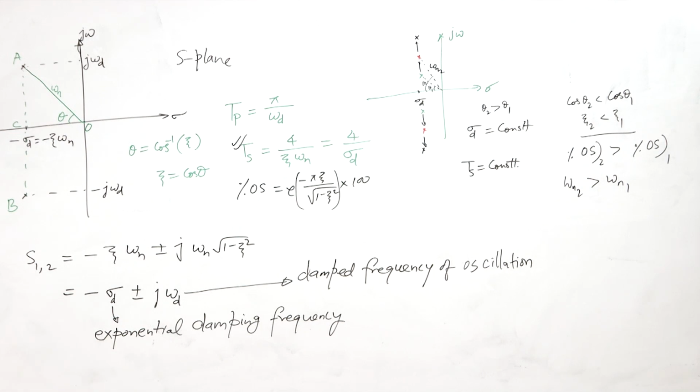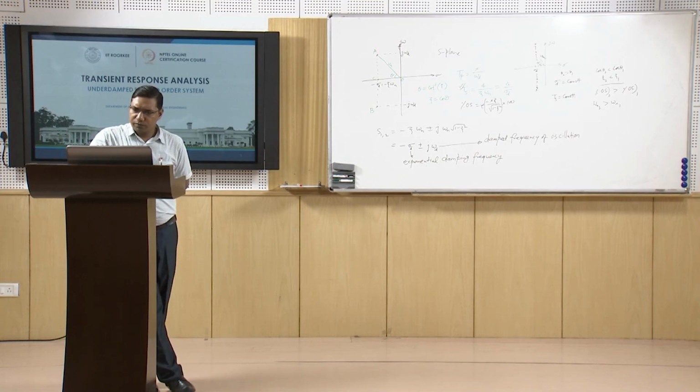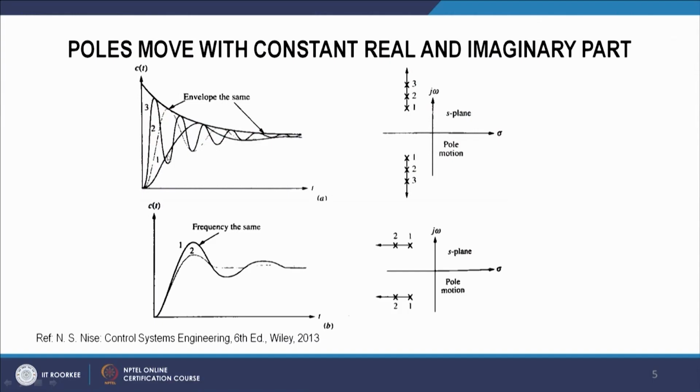So here we can see when we are moving in the vertical direction, 1, 2, 3, and this is the response of the system, here 1, 2 and 3.